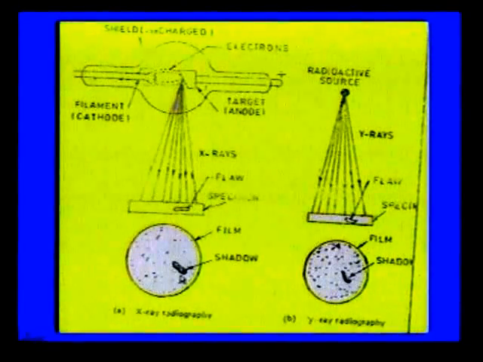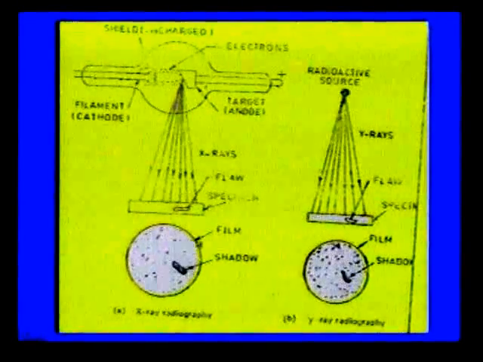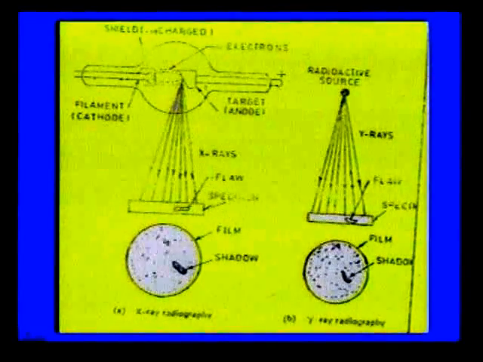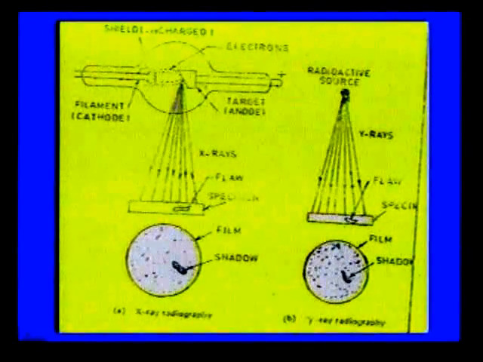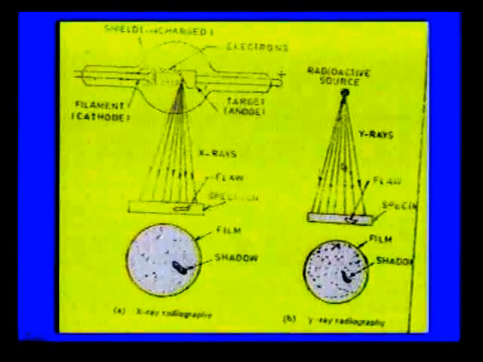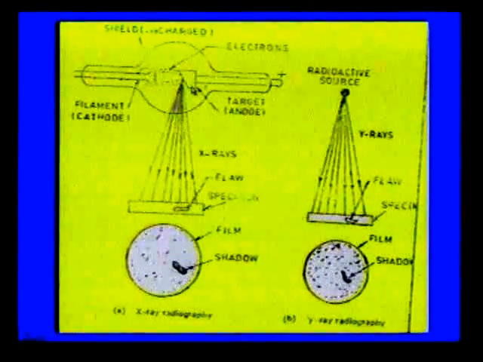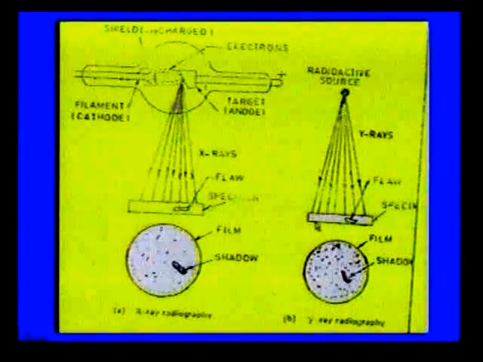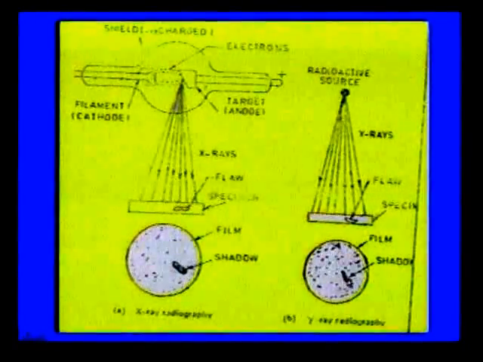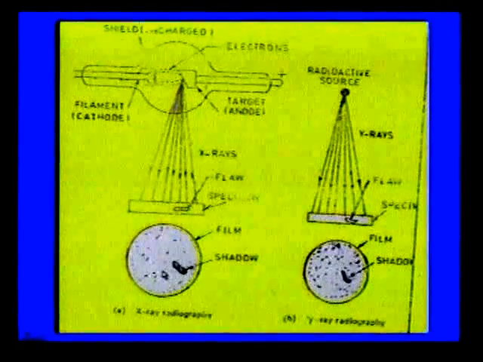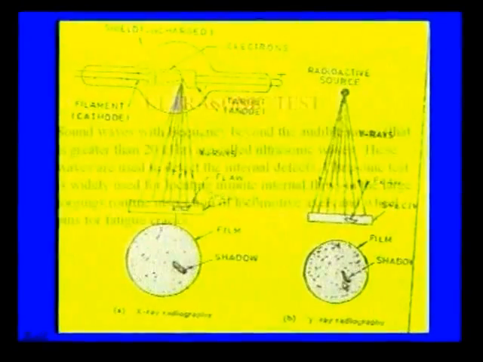In the image, whenever there is a crack, it forms a shadow, and whenever the part is good, it appears as an open area. Similarly, in the case of a radioactive source, gamma rays are applied directly on the specimen instead of using a target or deflected rays. These rays are projected directly over the specimen and we collect the image. The same shadows appear, but compared with X-rays, gamma rays are the costlier option.